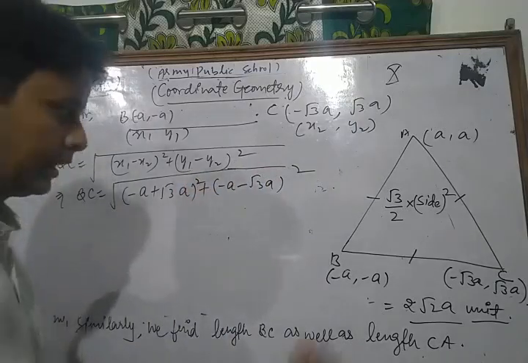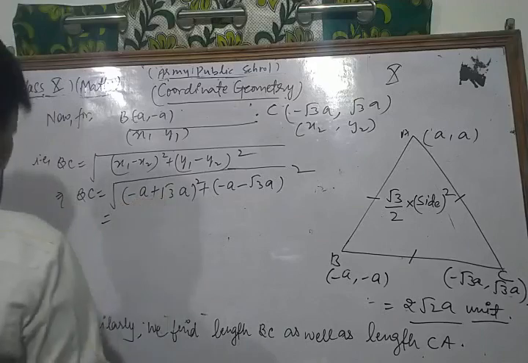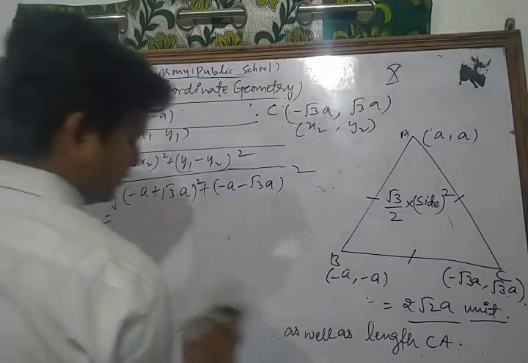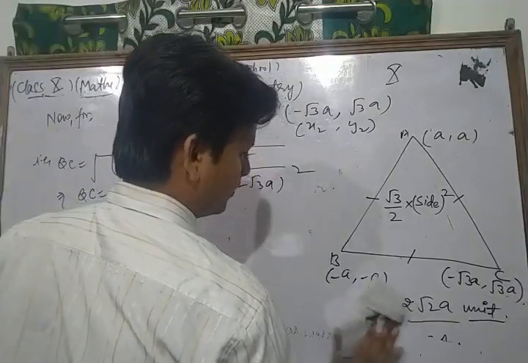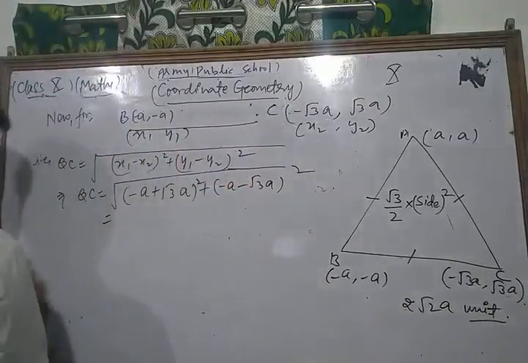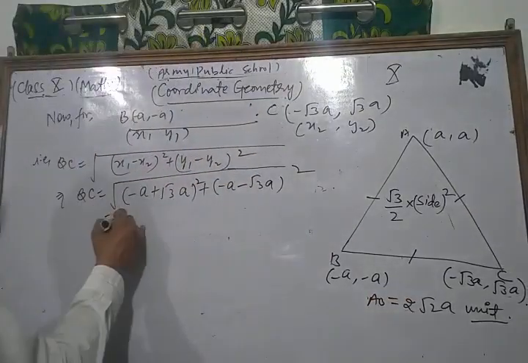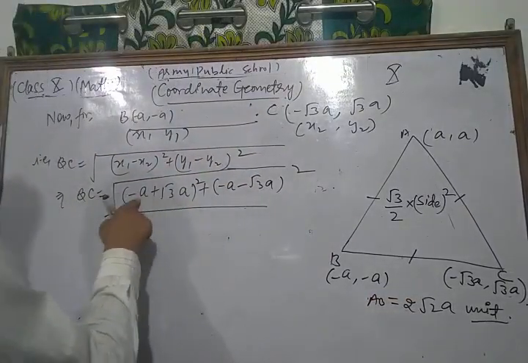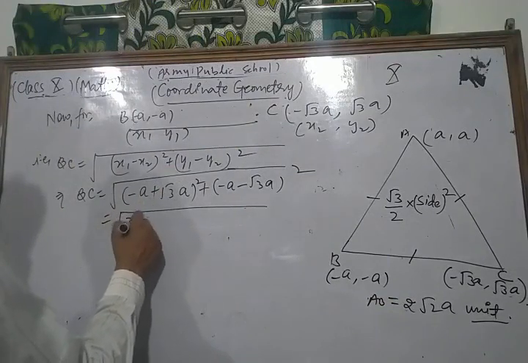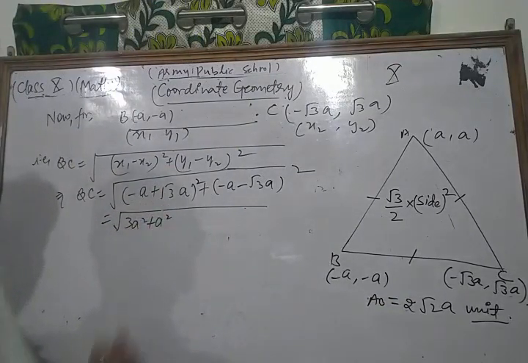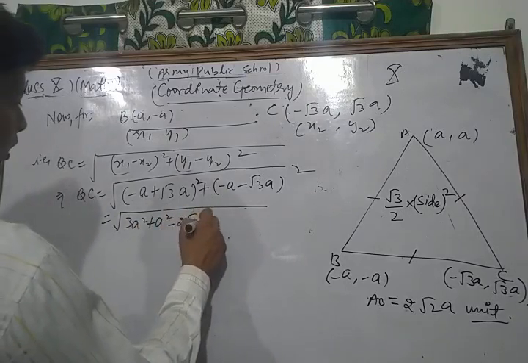Now we simplify them. Let's see what the solution is. This is the length AB, this is your AB. Now from there we write (a − b) whole square as a square, this is 3a square, plus b square, this is a square, minus 2ab, minus 2√3a square.